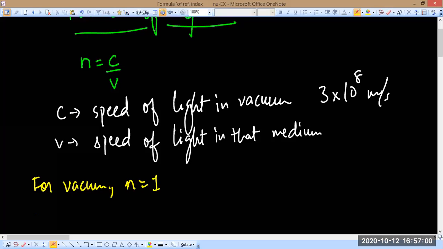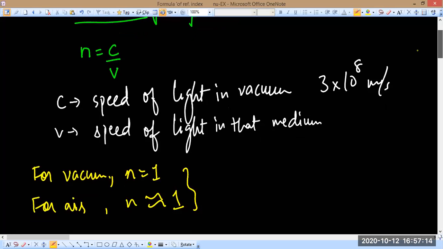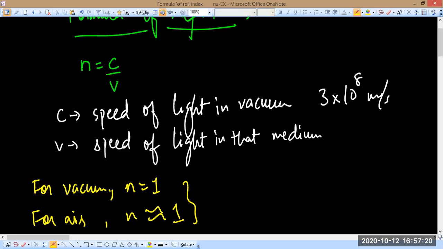Okay, for air, for all practical purposes n is nearly equal to 1. આ યાદ રહેવા જોઈએ હો બે, બીજા એકઈ ગોખવાની જરૂર નથી, રાઈટ? બીજા એકઈ ગોખવાની જરૂર નથી, બીજા આવડી જશે એમને. આ બે એકદમ ઈઝી છે, યાદ રાખી લો. ઓકે, for vacuum n is actually equal to 1 and for air it is something like 1.001, right? બહુ ઓછું હોય, so we take it as 1, right? Okay, it also depends on temperature and pressure of air ને એવું બધું, પણ એ બધામાં નથી પડવાની જરૂર અત્યારે.